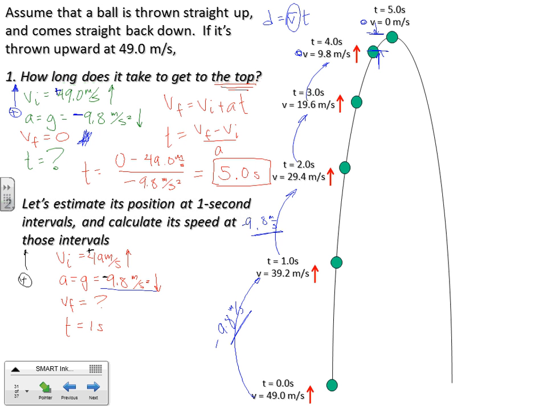So take 9.8 plus 0, well, that's 9.8, divide by 2, that's 4.9. Trust me, 4.9 meters per second for 1 second, the 1 second it took to go from here to here. That means that this vertical distance, in the final second, is literally 4.9 meters.